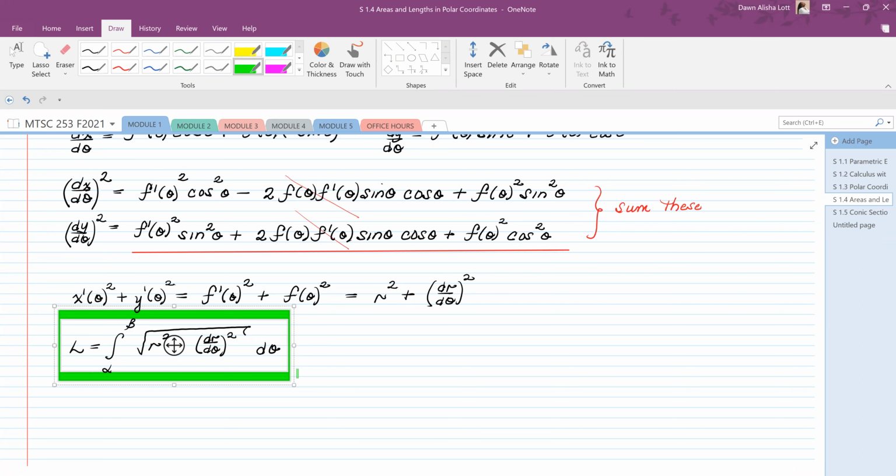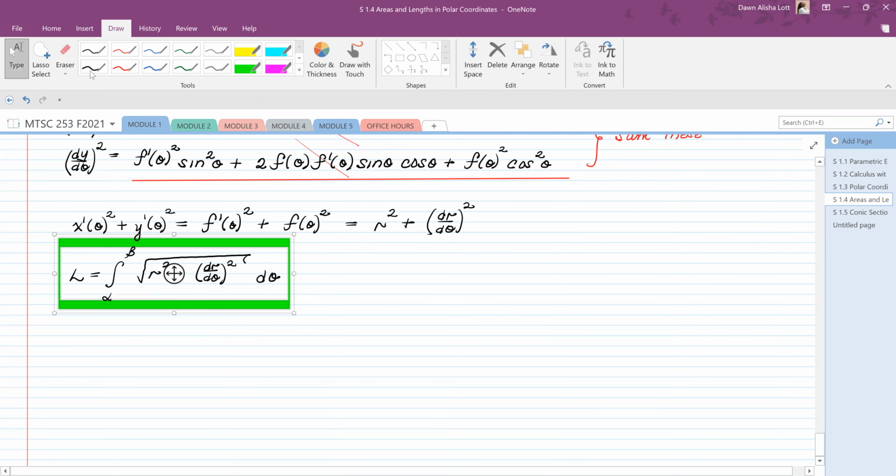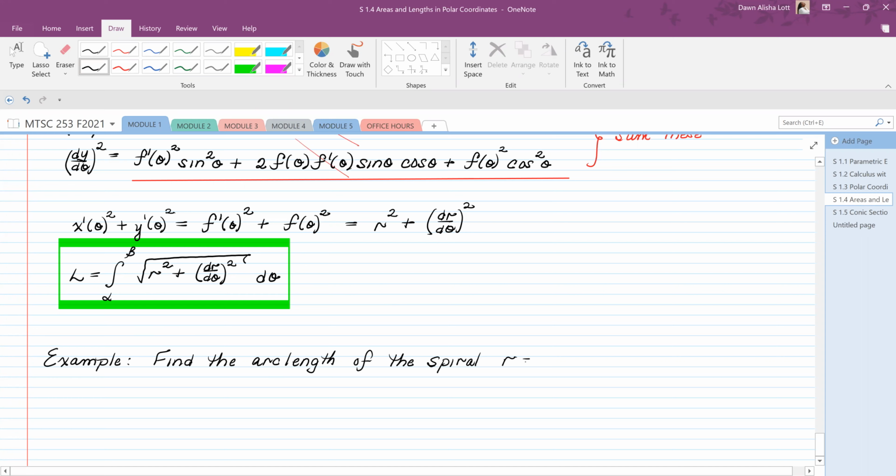All righty. So here's an example. I like this example too. Find the arc length of the spiral r is equal to e to the theta, 0 less than or equal to theta less than or equal to pi.